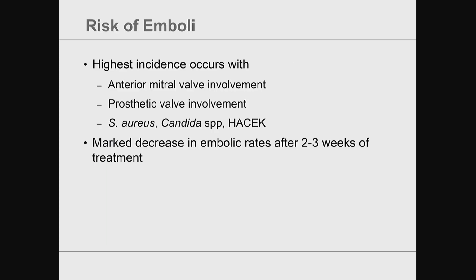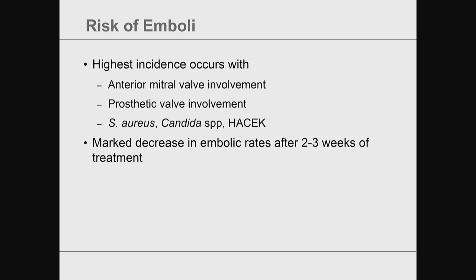The highest risk of having emboli occurs when the patient has anterior mitral valve involvement, prosthetic valve involvement, or when the organisms causing endocarditis are either a Staph aureus, a Candida species, or one of the HACEK species.